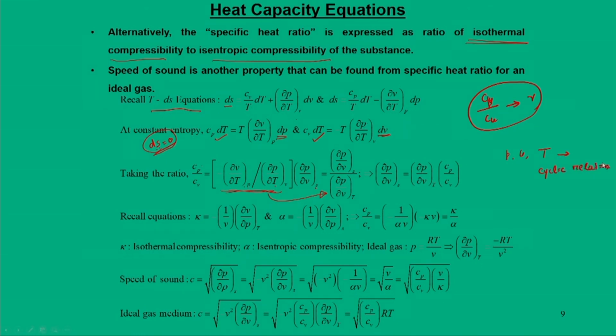Okay. So, once you have this, then from these equations we say that dou P by dou V at constant S is equal to dou P by dou V at constant T into Cp by Cv.